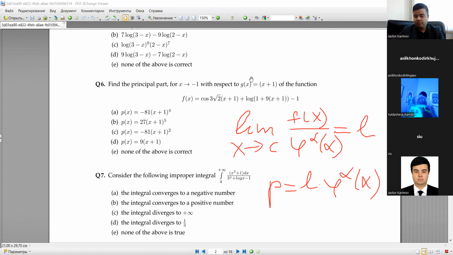It is x plus 1. So you need to consider this limit, and see this g here is our phi. So you can just write g instead of phi in this case. It will be the same as our example now. To find the principal part of this function, find the limit as x tends to -1 of f of x divided by g of x to the power of alpha, it should equal a finite limit. It's very easy.